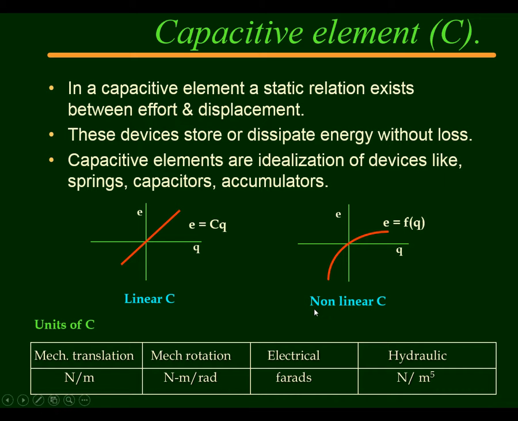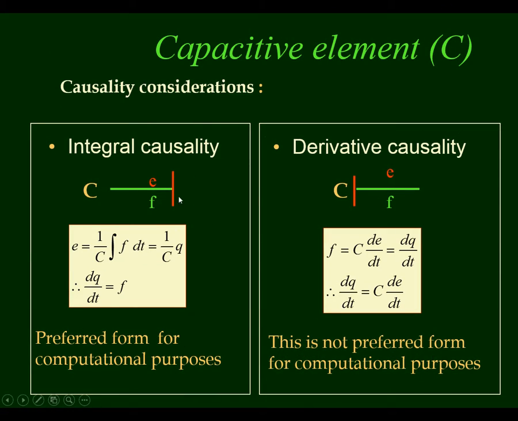So that is then the C element, which we call the capacitive element. In this particular case, you have a relationship between the effort and the displacement, the generalized displacement. So the constitutive equation would be like this. If we want to relate this to a physical element, perhaps we can write it down in here like this.